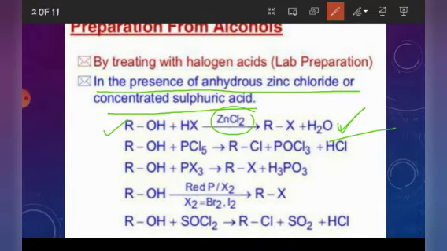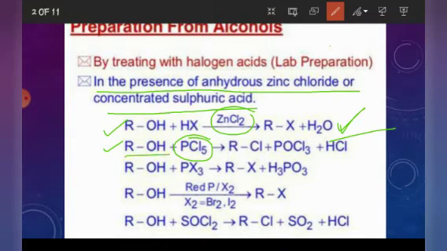Now let's move on to the second. We are preparing from alcohol itself, but in this case the reagent is different. It is PCl5. All these reactions are nucleophilic substitution reactions.